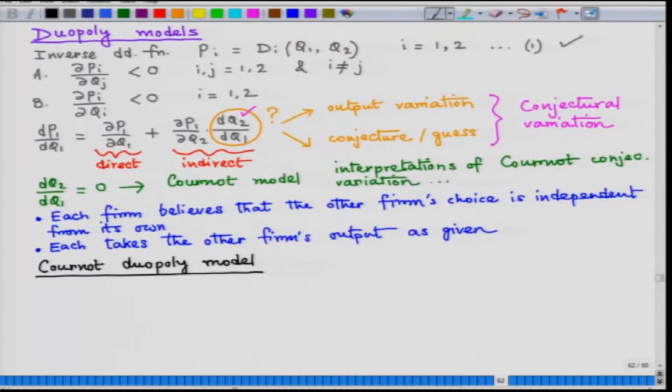Okay. So, now we are going to start with the profit function of the ith firm, where i takes two values 1 and 2 because it is a duopoly case. I assume that these two firms have different cost functions. I can assume 0 cost and same cost also, it does not matter, but to have a general model, let me assume that these cost functions are different.